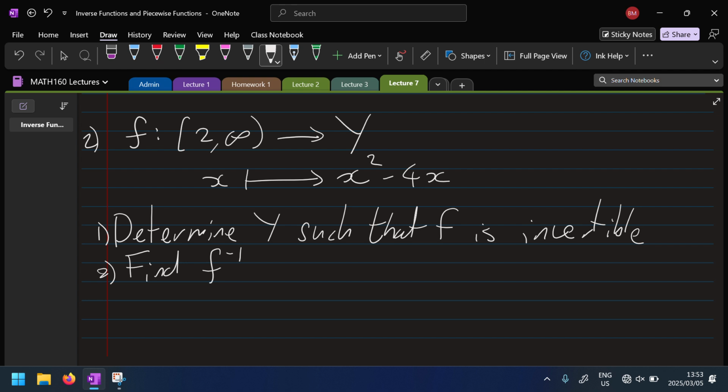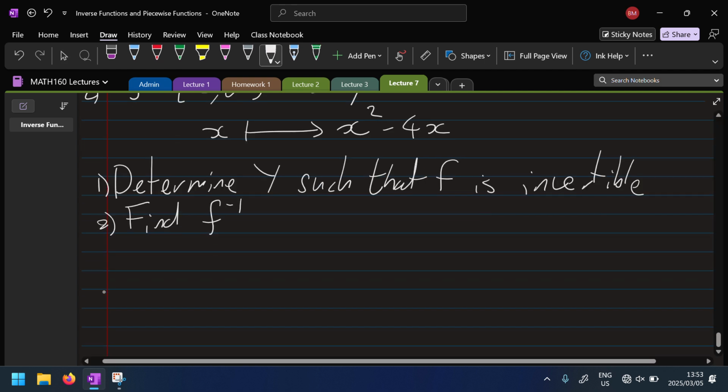Now we know that the target is associated with surjective. So we can read this as determine y such that f is surjective. It must be surjective. And y is the target. For f to be surjective, the target must equal what? The range. Good. So this question we can rewrite as find the range.